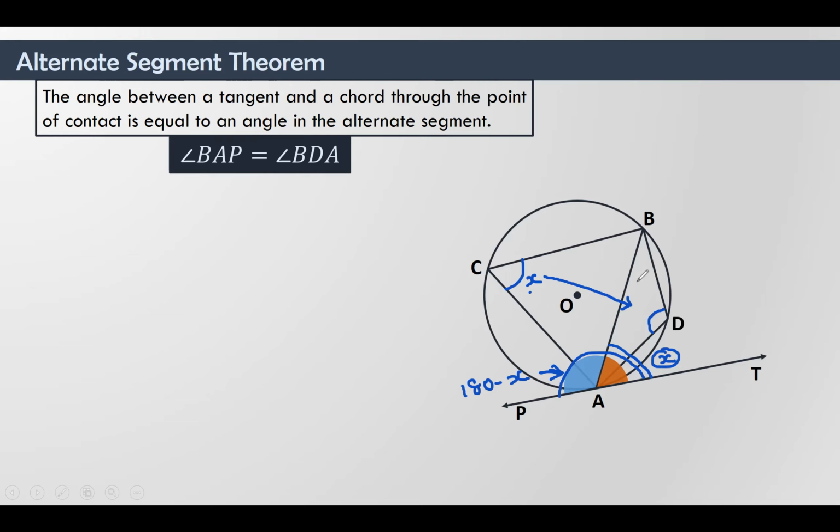So if this angle is x, angle BDA will be 180 degrees minus x, and thus angle BAP, 180 degrees minus x, is equal to angle BDA, that is also 180 degrees minus x. Hence, the angle between tangent and chord through the point of contact is equal to the angle in the alternate segment.